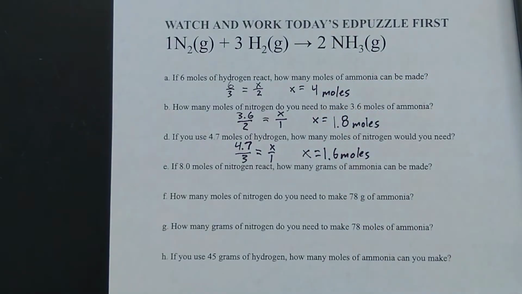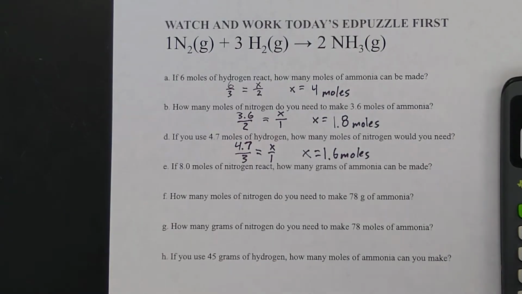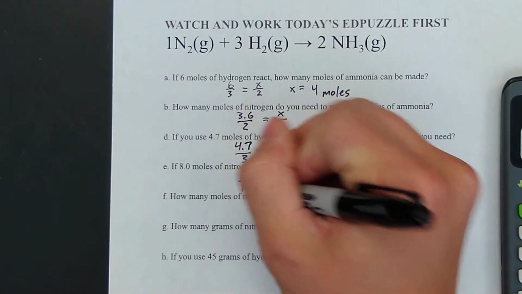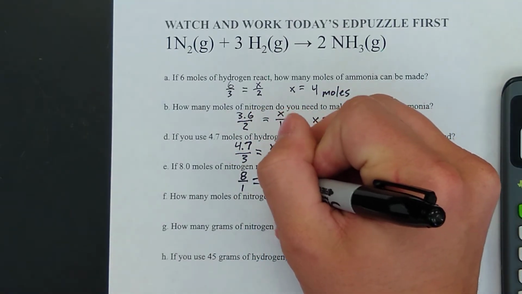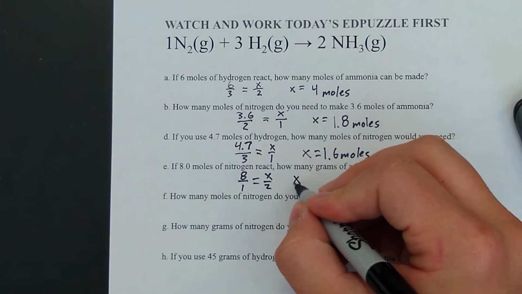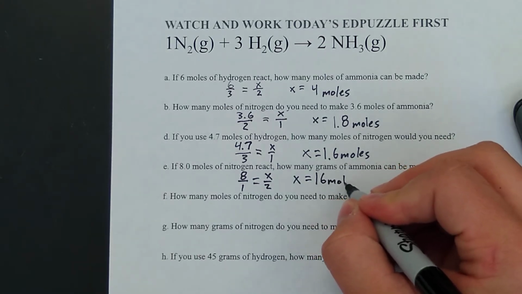Moving on. Letter E, if 8 moles of nitrogen react, how many grams of ammonia can be made? Let's set this up. 8 is to 1, as x is to 2. X is equal to 16 moles.